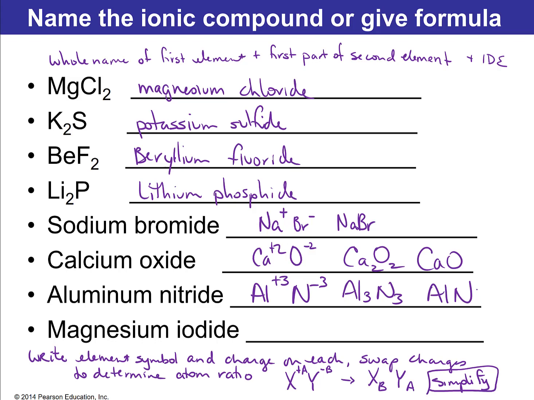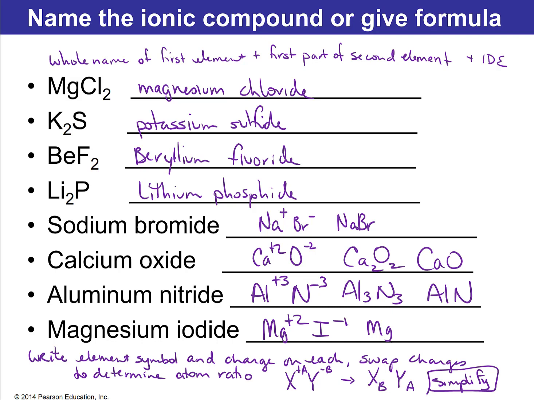So, magnesium iodide. Magnesium is Mg plus 2. Iodide is I negative. So just take the charge and swap them. So Mg, there's only one of those because iodine is a -1. So you can remember it's a negative or a -1. Doesn't matter to me.